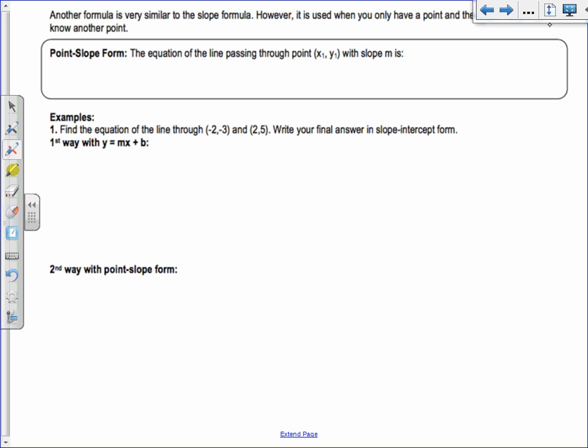So it says another formula is very similar to the slope formula. However, it's used when you only have a point and you have a slope. Or if you have 2 points, you could use this one. This is called point slope form, and it looks just like the slope formula, only the denominator's been multiplied over. So it's y minus y1 equals m times x minus x1.